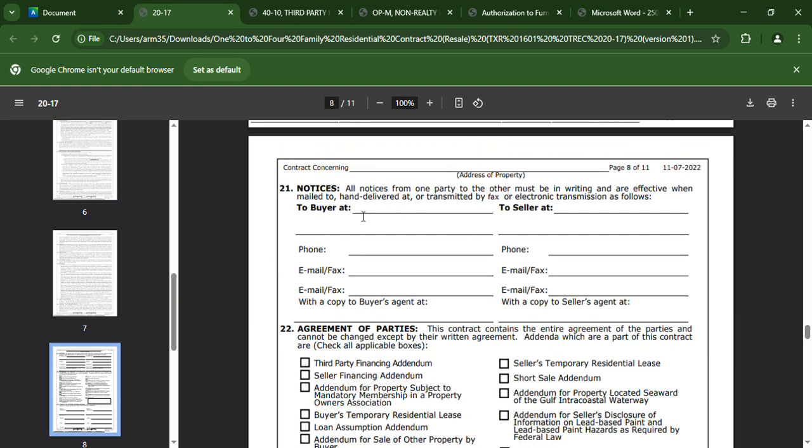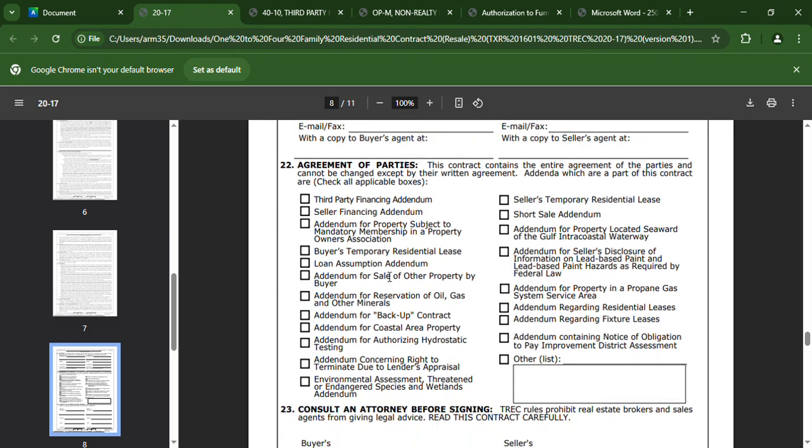Notices to the buyer. This is saying that you've gotten a copy of this and everybody knows what's going on. These will be the attached parties agreement.